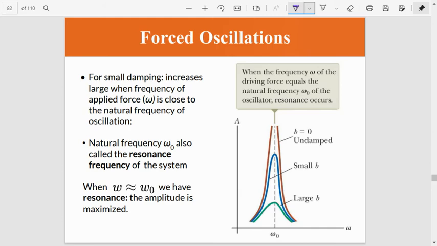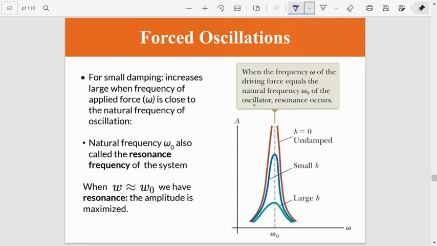So you see here on the graph on the right that as the damping coefficient gets bigger from red to green, the amplitude overall decreases for any value of the frequency omega. However, when the applied frequency gets close to the natural frequency, the amplitude gets a lot bigger.